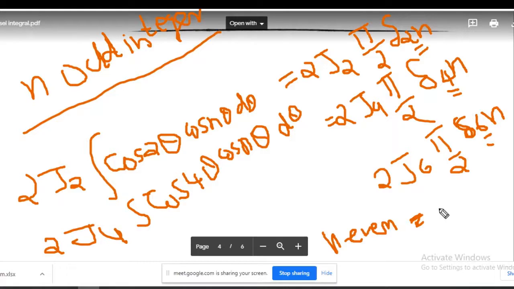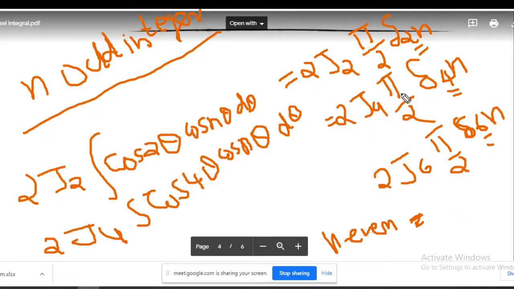So what will be the value that we get? Suppose n is 4. Then what will be the value you get on the right hand side?